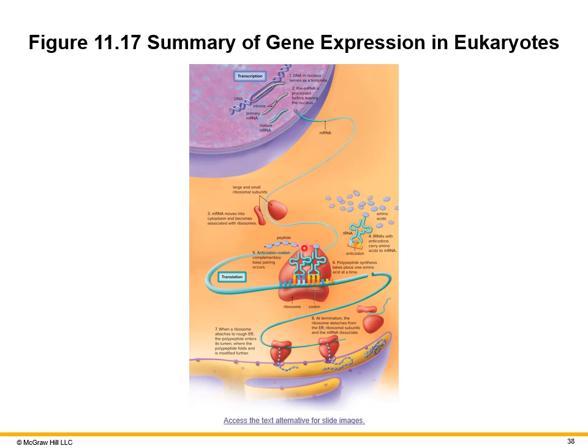Eventually, when we reach the stop codon, the peptide is going to be released and travel to the rough endoplasmic reticulum, where it's going to be further modified and folded to produce a protein.